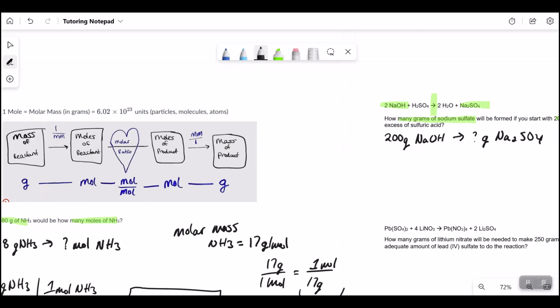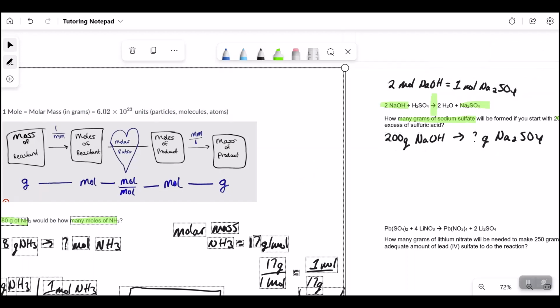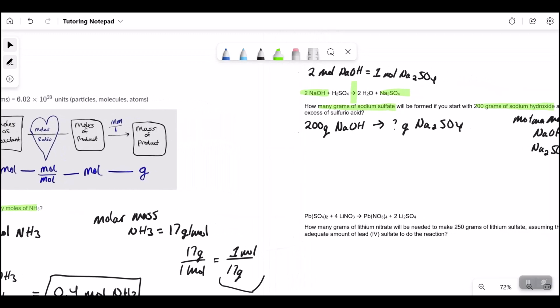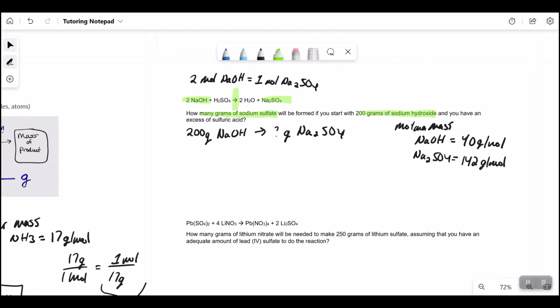We could write it as 2 moles of NaOH is equal to, with our arrow being our equal, 1 mole of Na2SO4. But that only works if the equation is already balanced. That is something we want to make sure we're looking out for throughout the problems.